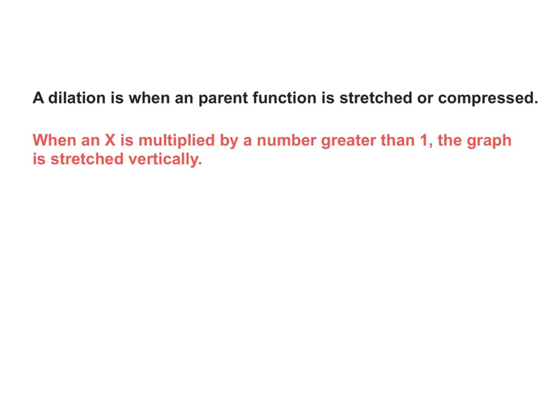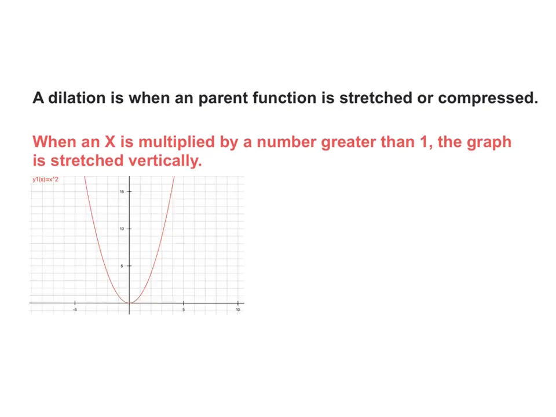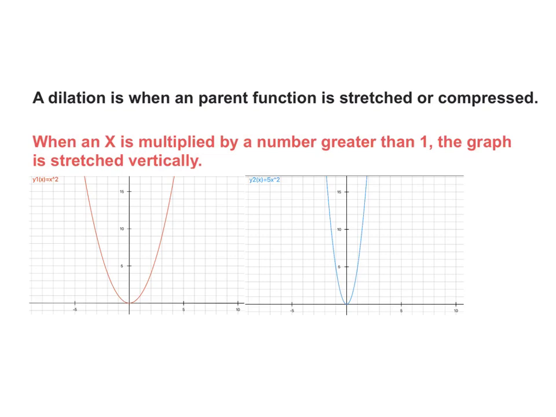And I have an example. Here's my parent function, y equals x squared. You don't have to copy that down. But if I multiply it by a number, for example, like 5, this is x squared times 5. Notice it's like grabbing the parabola and pulling it upwards, and it makes it look skinnier. That's a stretch because I multiplied by 5.